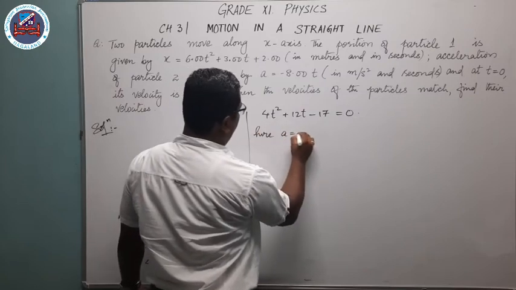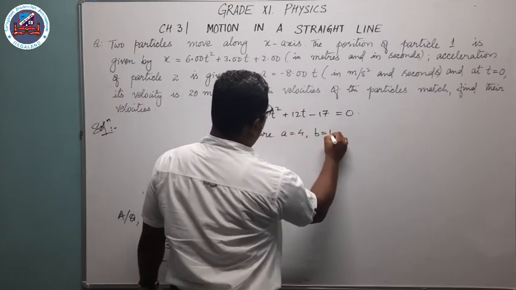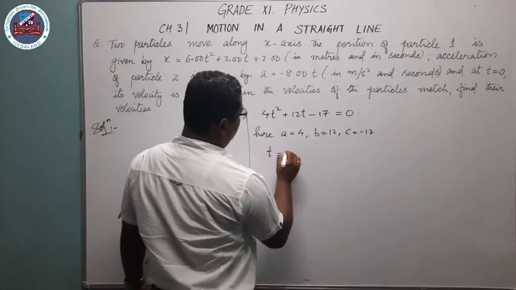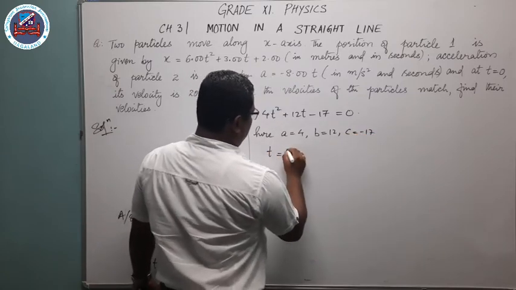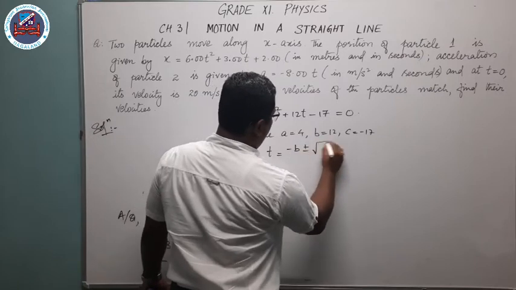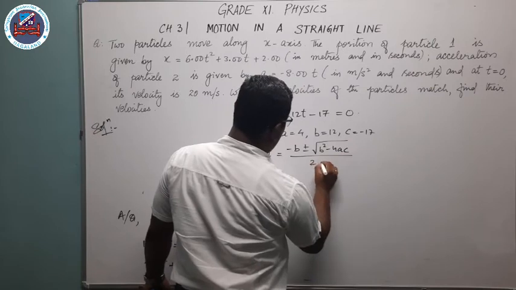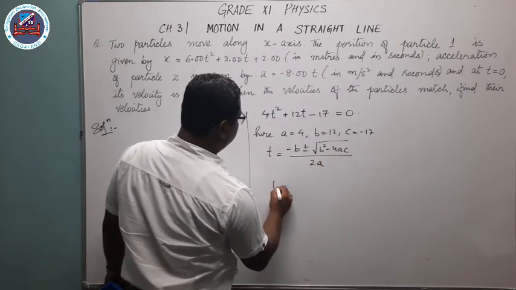Here a quadratic formula you can use. A is 4, B equal to 12, C is equal to minus 17. So t will be minus B plus or minus root over B squared minus 4AC, divided by 2A. This is the quadratic formula.